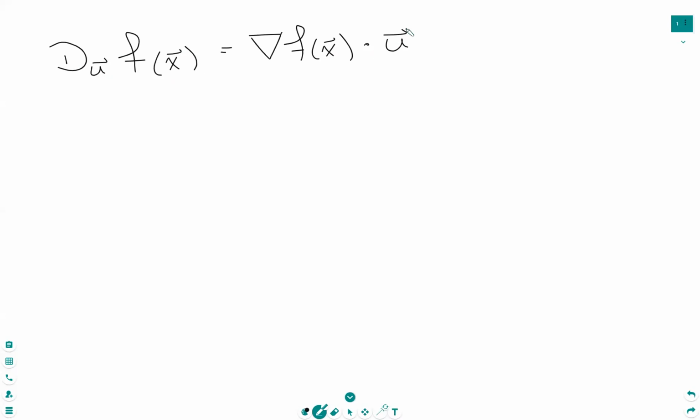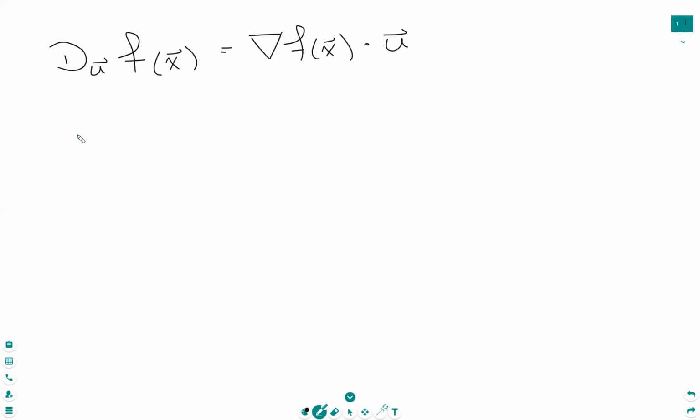And we wrote that for any general Rn. So no matter what dimensionality we're in, we can write this directional derivative in terms of this dot product with the gradient.